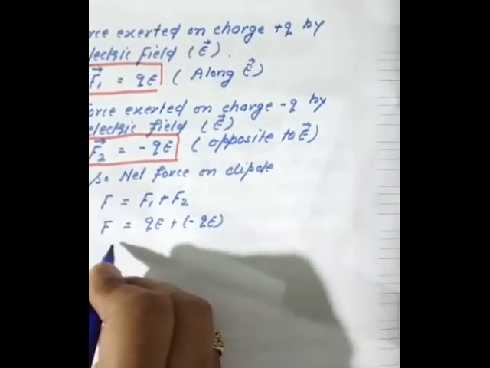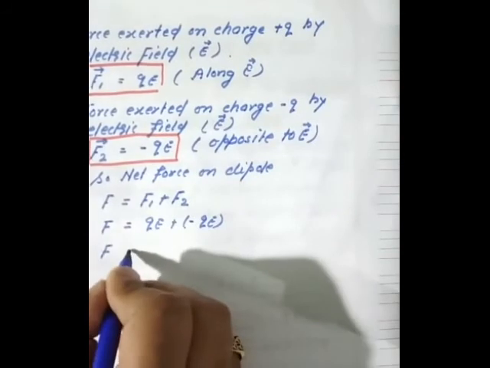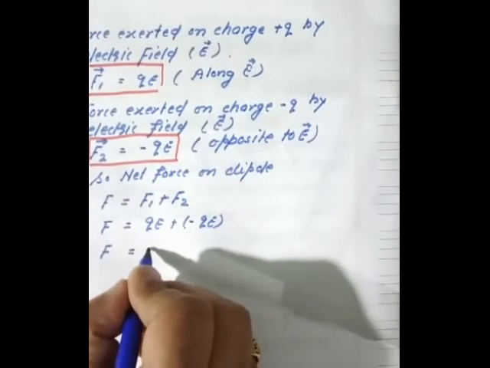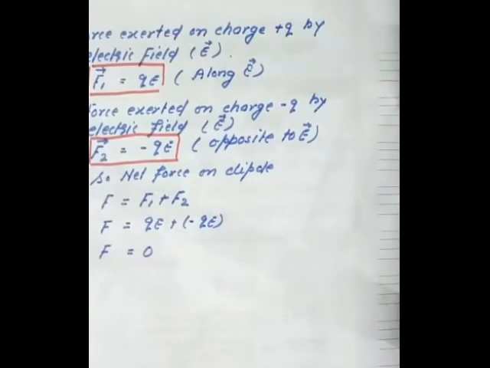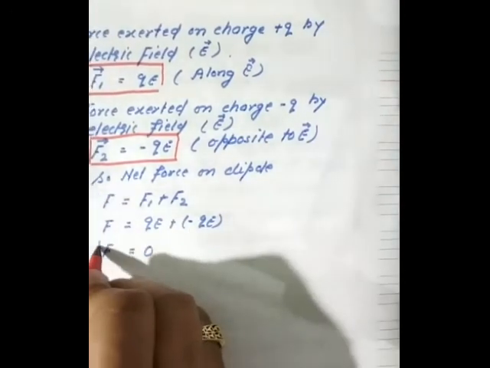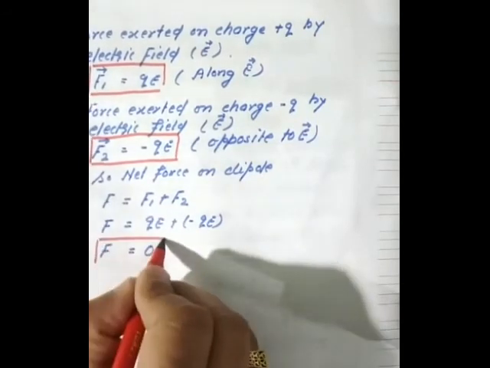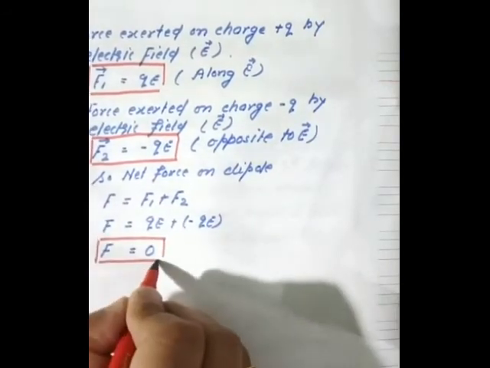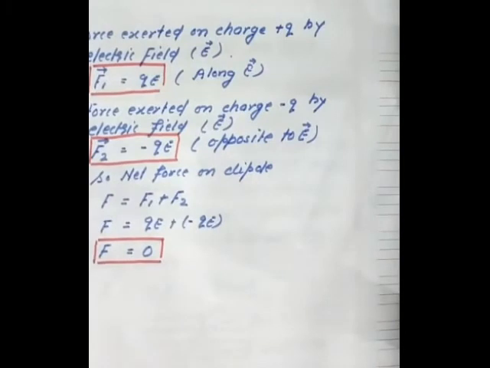So F net equals 0. From here we can say that there is no translating force acting on the dipole, or net translating force equals 0.